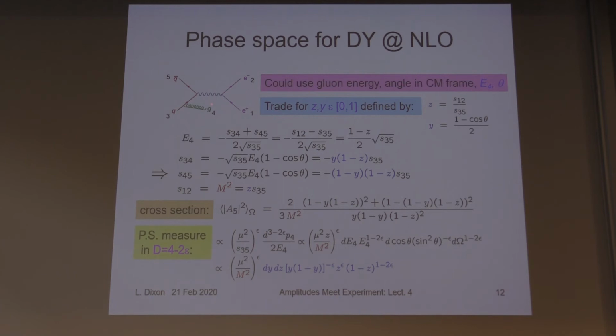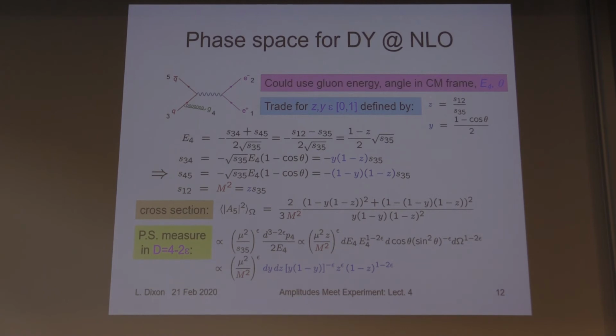And for that phase space, we could work now in the 3-5 center of mass, where there's an energy E4 of the gluon, and then some angle of the gluon with respect to the 3-5 incoming beam axis. But it's a little simpler if we trade for some variables that run between 0 and 1.